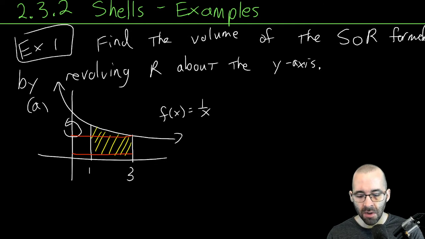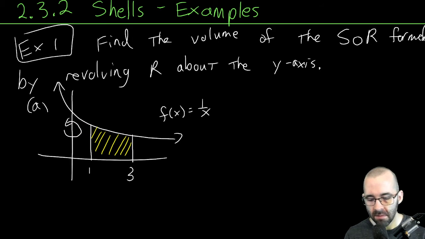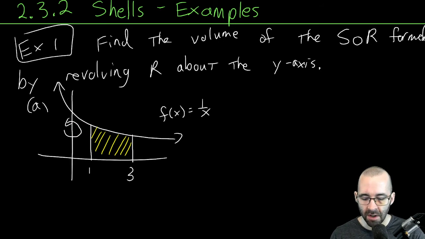And we'll have two integrals, because this region is going to have these two constant functions as the bound for right and left. And then this other region is going to have the function and this constant function. Like so. So we'd have to use two integrals, and we could do that, and that'd be fine. And you know how to do that, and it'll work.